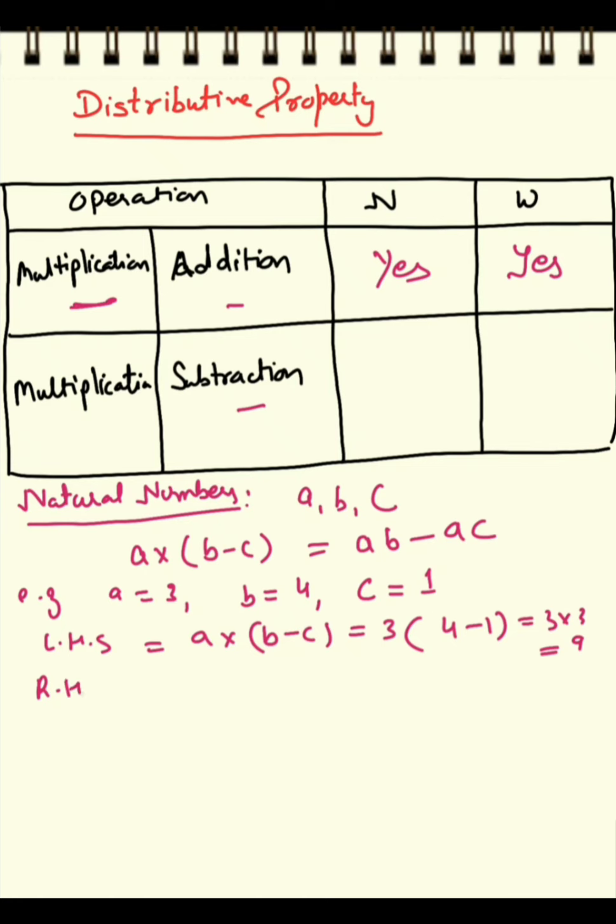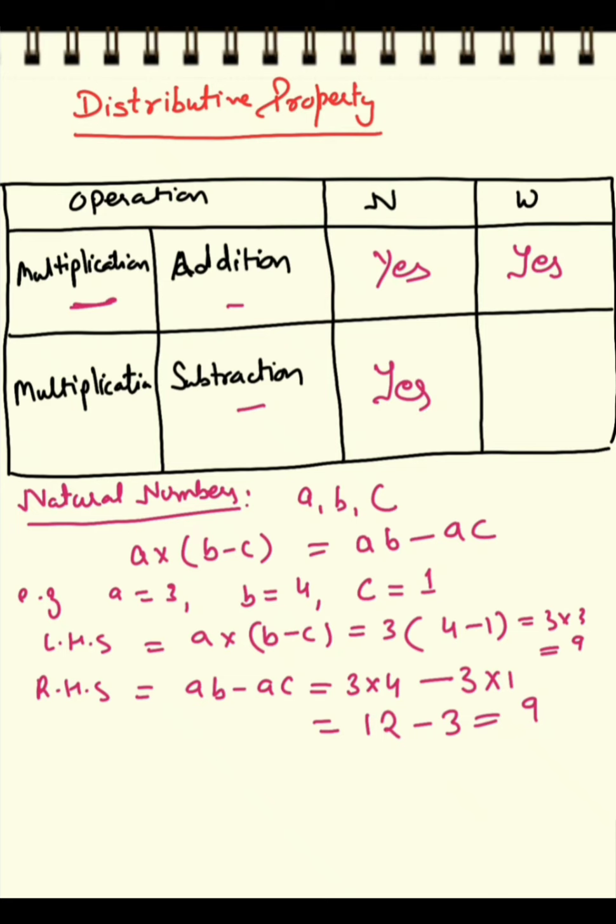And now I'll take the right hand side, which is equal to AB minus AC. AB is 3 multiplied by 4 minus 3 into 1, which is 12 minus 3, which is also equal to 9. So we can say that the multiplication of natural numbers is also distributive over their subtraction. So we can say here yes. And for whole numbers also we'll get the same result, yes.